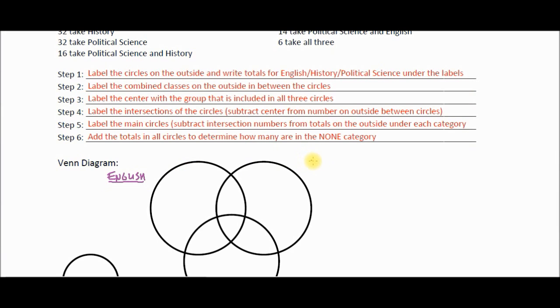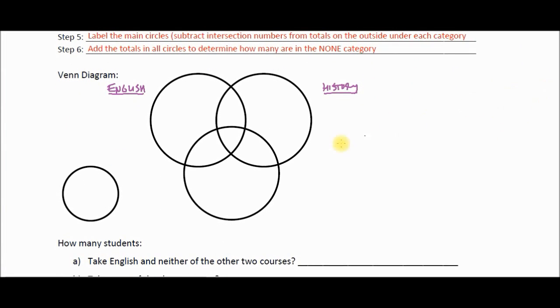We'll make this circle history. Doesn't matter actually, you can pick whatever circle you want and label it. And let's make the bottom one political science. There's our 3 categories that we are drawing a Venn diagram for.